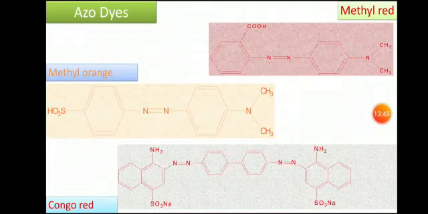Then there are the azo dyes, which contain N double bond N as a chromophore. Depending upon the N double bond N, they are of many types: monoazo if one N double bond N is there, and diazo if two N double bond N groups are there. These are a few examples of indicators we use daily for titration, like methyl red, methyl orange, and Congo red, which is a bis azo dye.